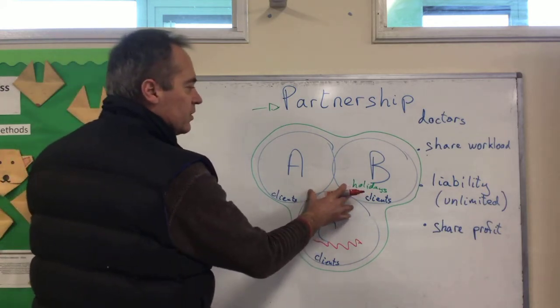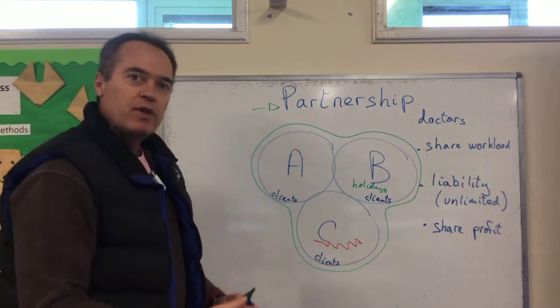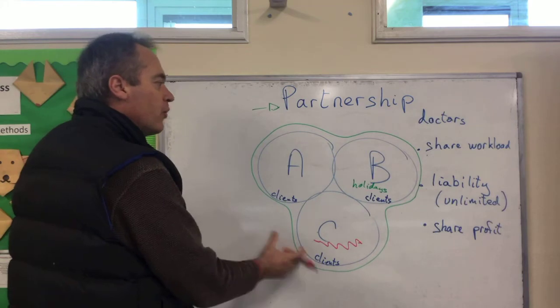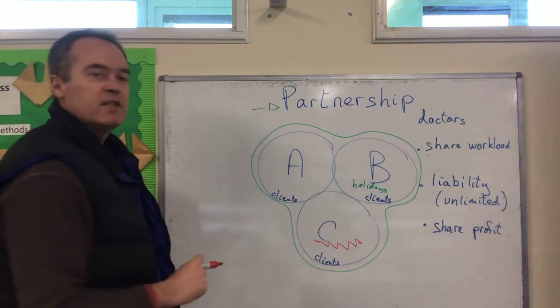All the other partners in the business are all brought in because they're all sharing the liability. So you really have got to trust your partners to successfully run the business that way.